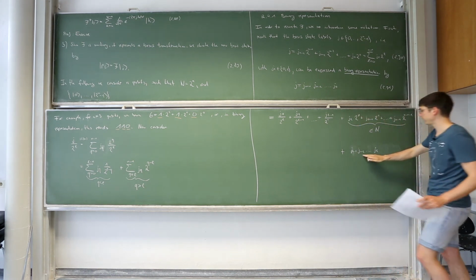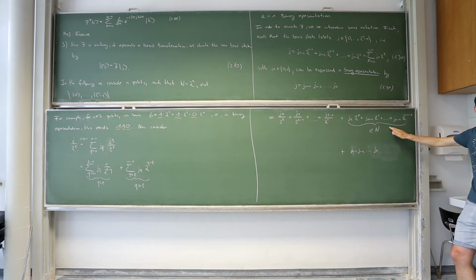Okay, so this is now the binary representation of this number. If you compare this with equation 2.90.